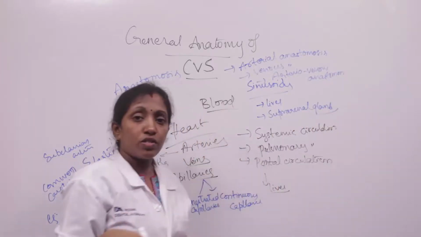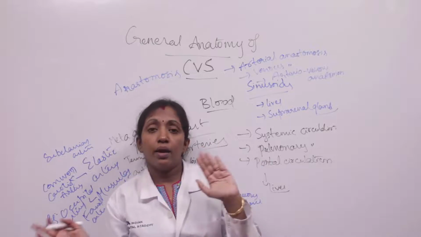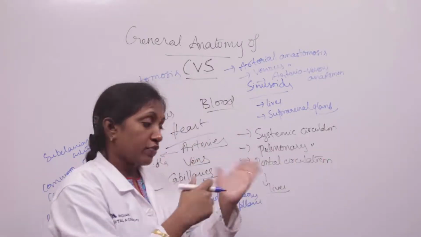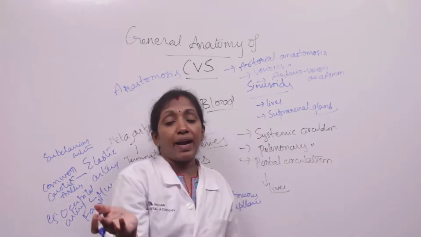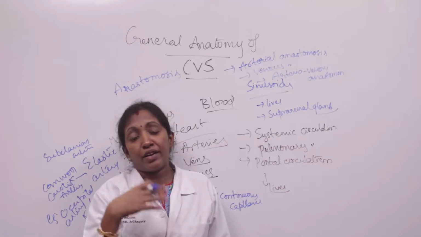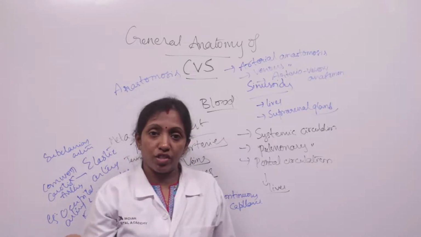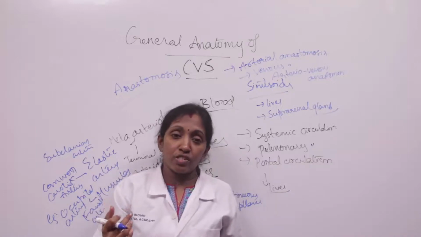In arterial anastomosis, arteries directly unite with different arteries. For example, in the palmar arch, the radial artery combines with the branch of the ulnar artery, directly anastomosing without dividing into smaller branches.